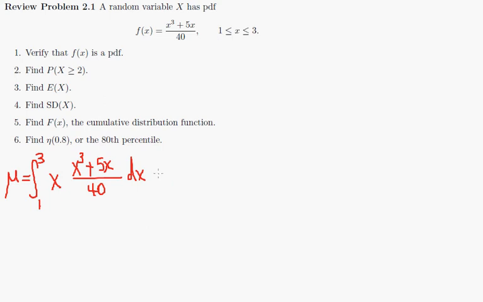So this will be the average. So before we integrate, let's simplify this. Let's pull the 1 over 40 out. And also let's multiply by x, so I have x to the 4th plus 5x squared dx.